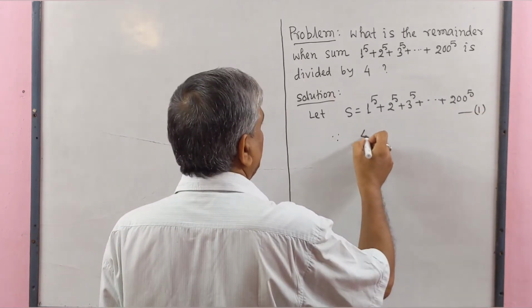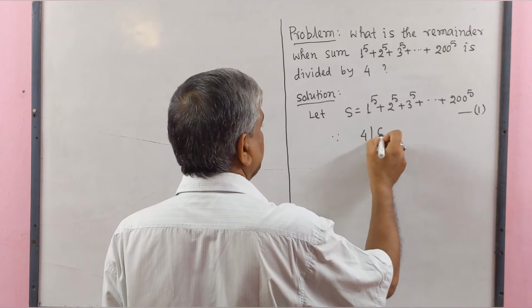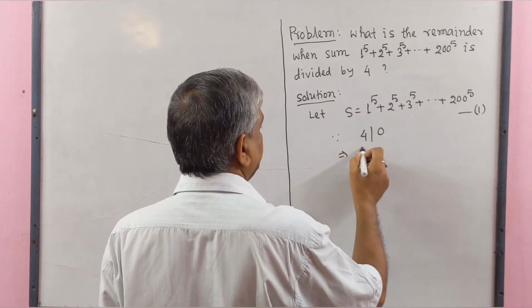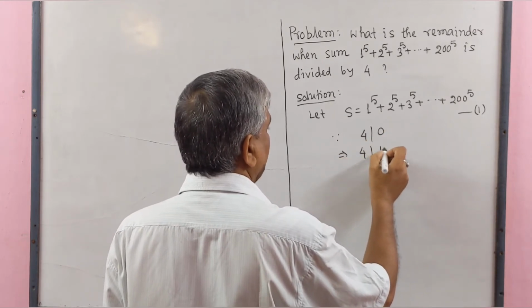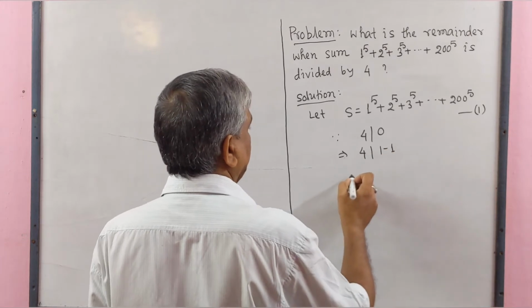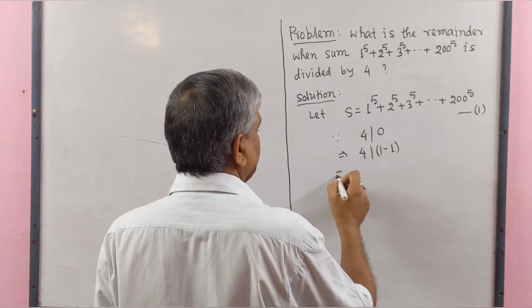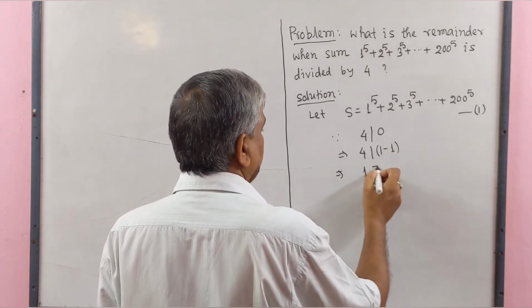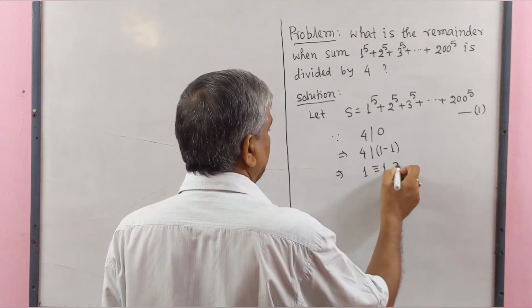Since 4 divides 0, implies that 4 divides 1 minus 1, implies that 1 is congruent to 1 modulo 4.